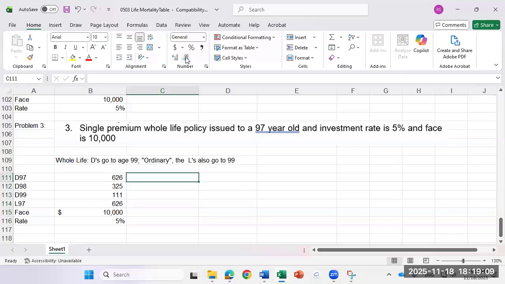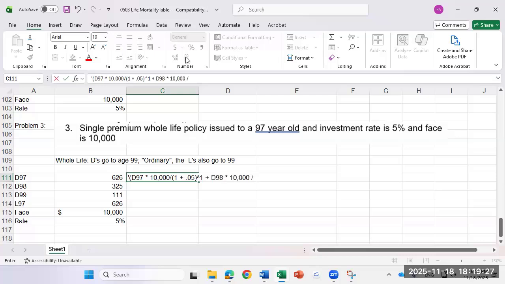So our premium is going to be D97 times the face divided by 1 plus 0.05 to the first, plus D98 times the face divided by 1 plus 0.05 to the second, plus D99 times 10,000 divided by 1 plus 0.05 to the third.